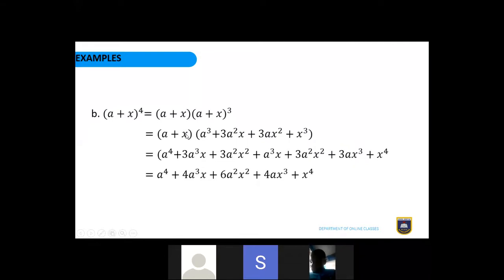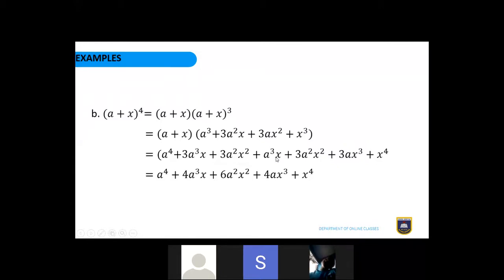When it multiplies the A cube, what are we going to get? X times A cube will give us A cube X. Are you okay now? Yes, sir. So it is not a mistake.